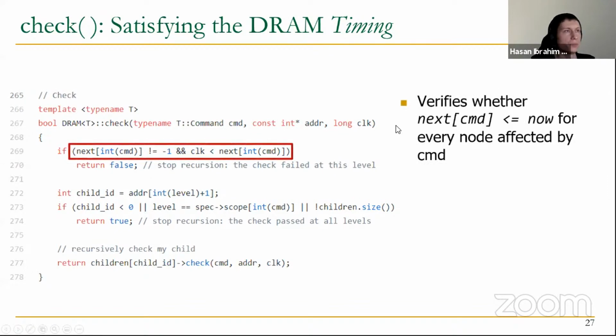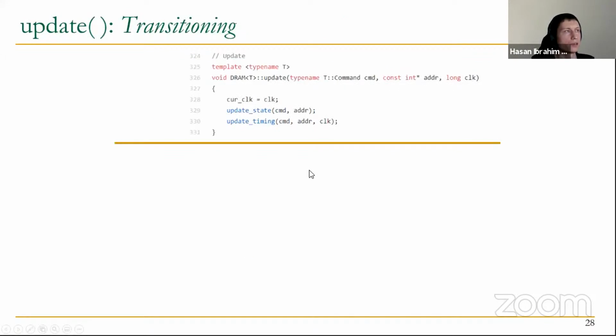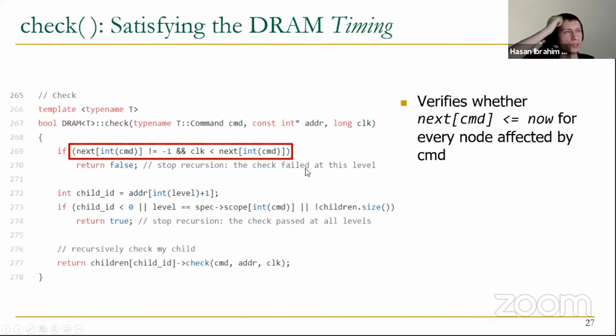So this part, as I said, verifies whether now is bigger than the next cycle at which the given command will be allowed to be issued to the DRAM bank or to this level of the DRAM hierarchy.